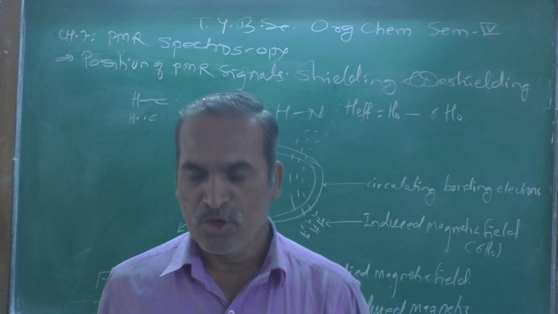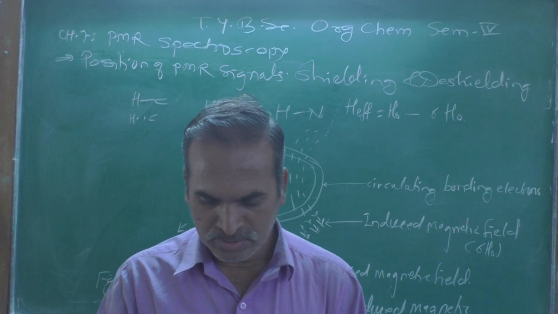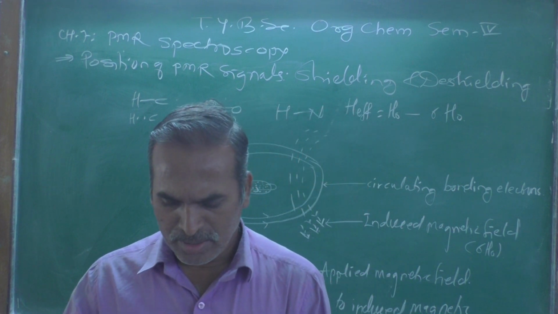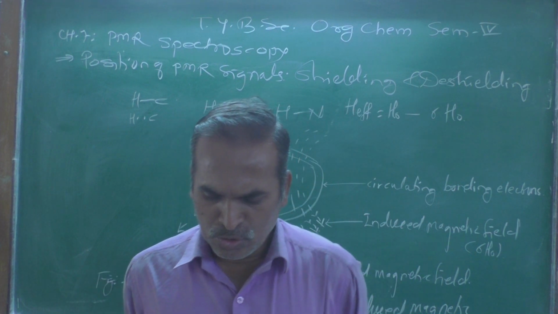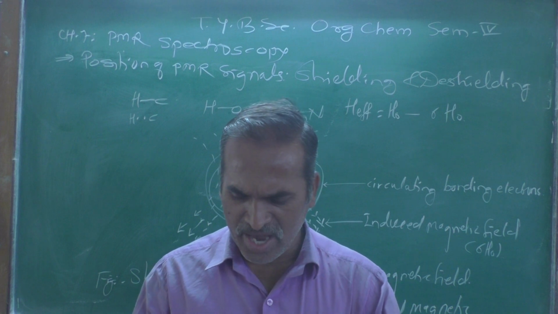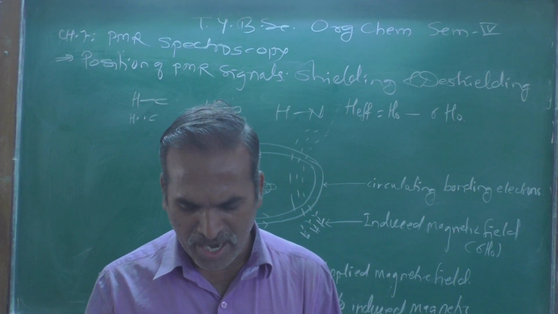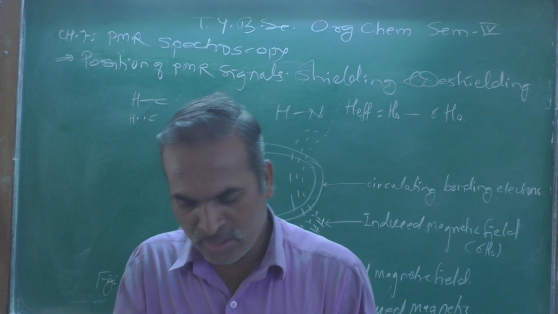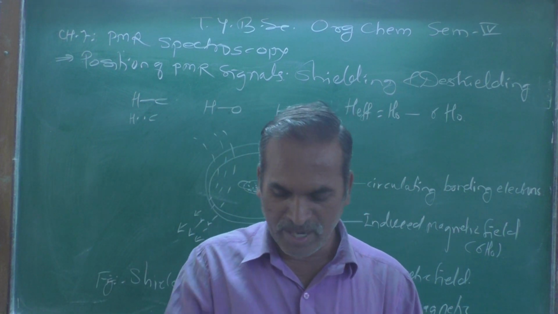Therefore we will have to increase the magnitude of the external magnetic field so much that the effective field becomes equal to H0, the applied magnetic field.